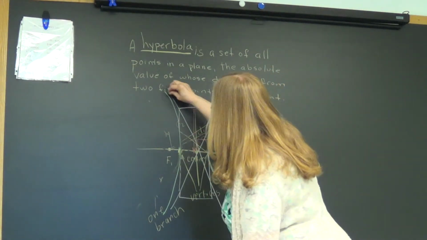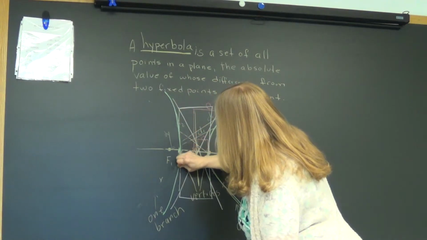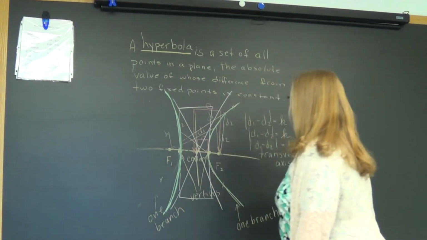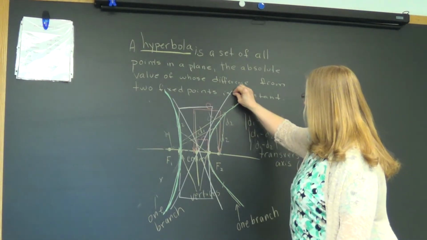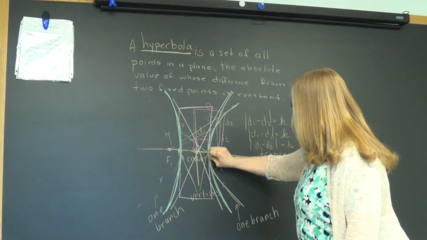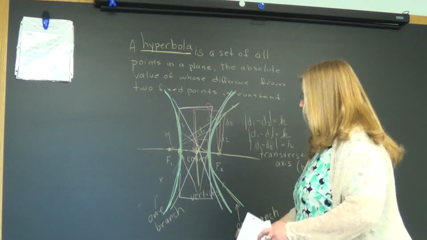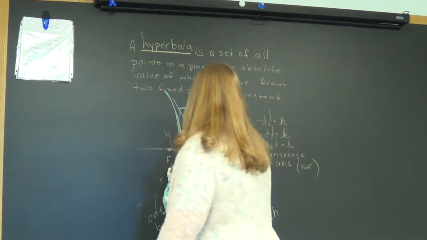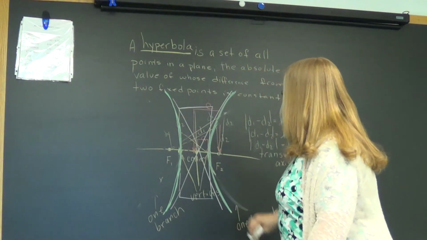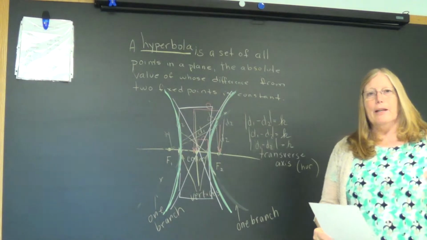So let me get my green branch in nicely. Now you can see that side very well. And this one I should have bent closer to its boundary as well. Alright, so I'll clean that up a little bit. That's the theory for the hyperbola.